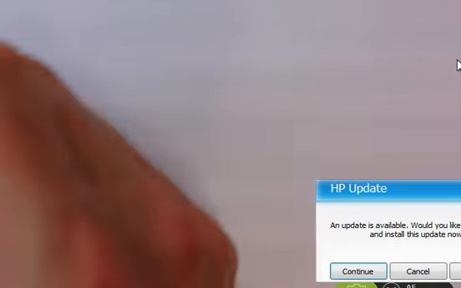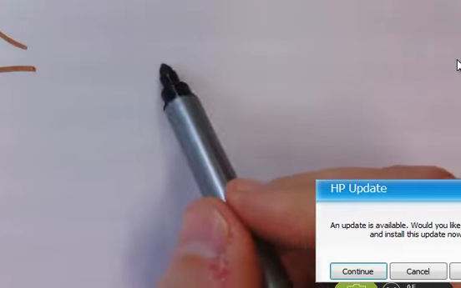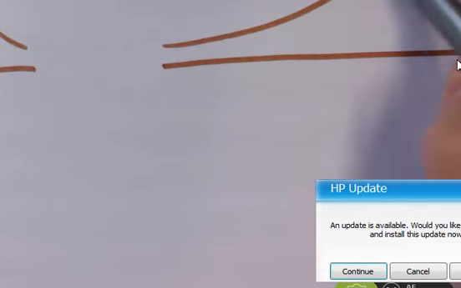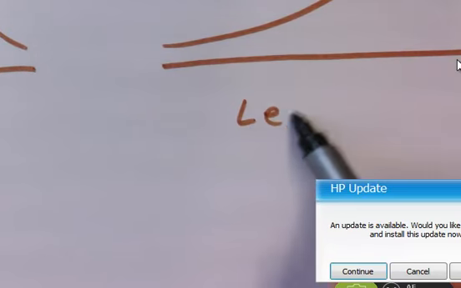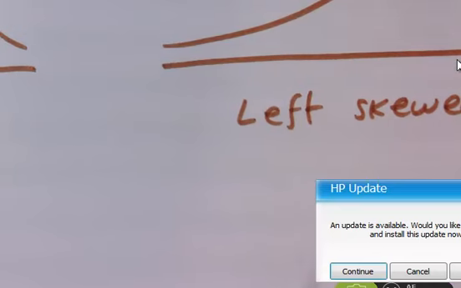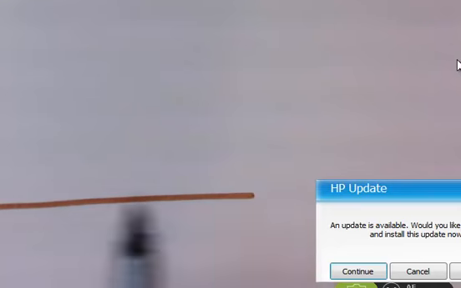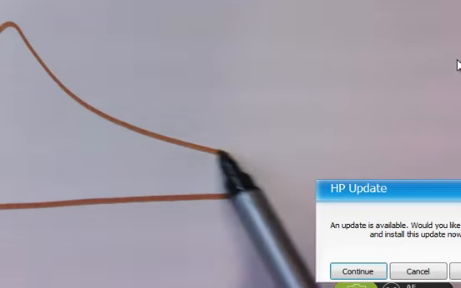You've got the one that looks like this, and this is called normal. You've got the one that looks like that. That's called left skewed. And then your final one that you need to know about is right skewed.